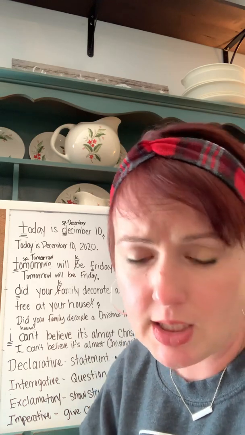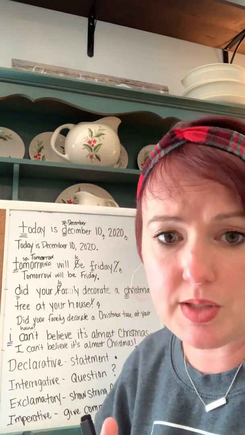Exclamatory is very excited, shows strong feeling or emotion, and ends with an exclamation point. And imperative is bossy, gives commands, ends with a period. And we didn't have any imperative sentences up there, but those would be sentences like, go clean your room, please stop talking, go wash the dishes, be nice to your sister. Those kind of sentences are imperative.